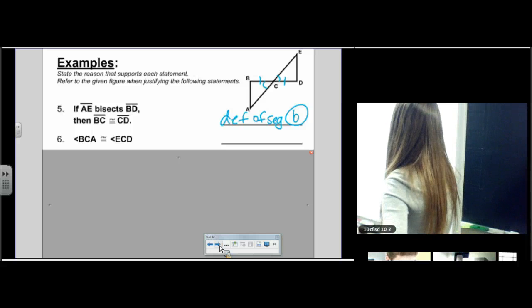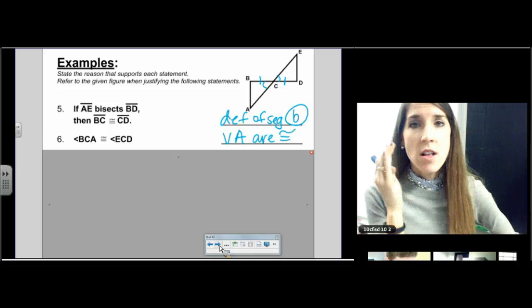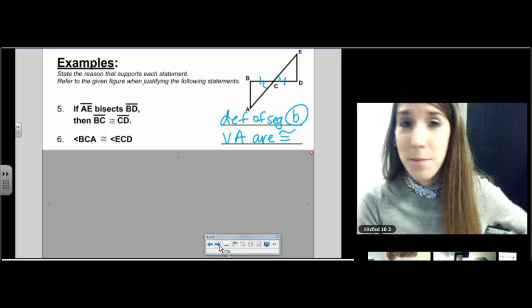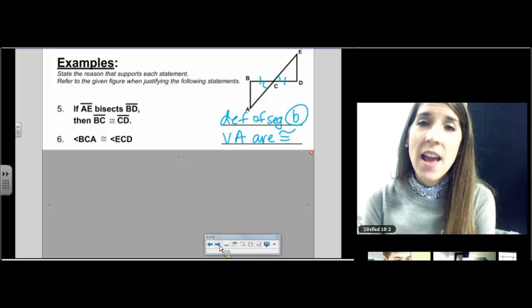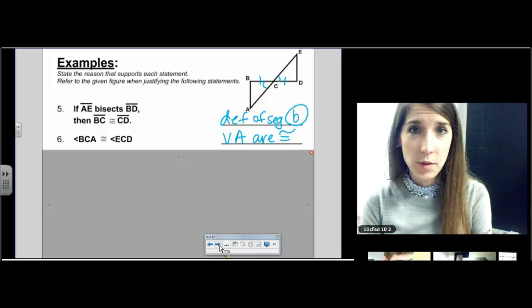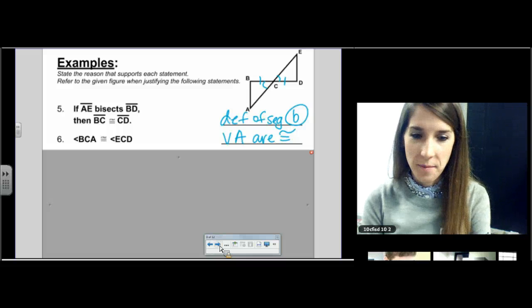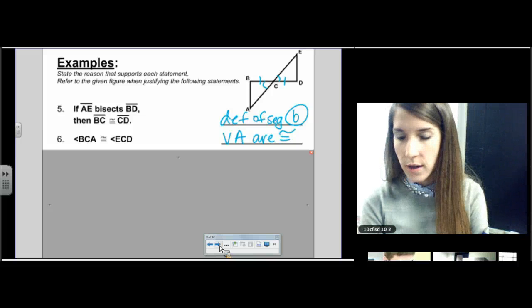Vertical angles are congruent. You had to use your knowledge that those two angles were vertical angles. What allows me to say that they're congruent? Well, because all vertical angles are congruent, and someone proved that a very long time ago, and now we get to use that in our proofs. We get to use what they proved in our proofs, because you don't need to reinvent the wheel every time. 27, yep, vertical angles are congruent.